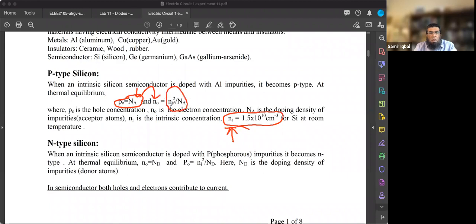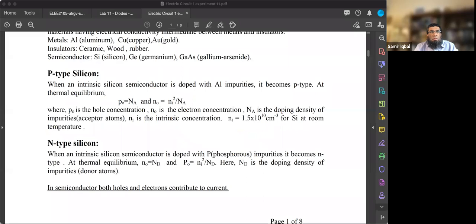In this formula, we know Ni, which is the concentration of the intrinsic semiconductor, and Na is what we are adding to it. If you know those two things, we can easily find the amount of holes and electrons in that semiconductor material.